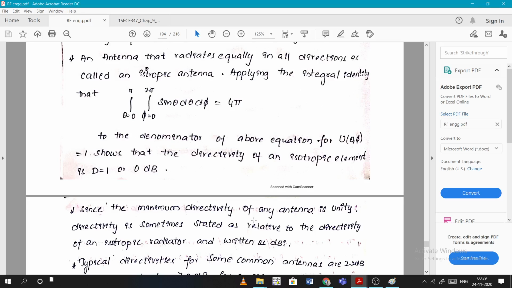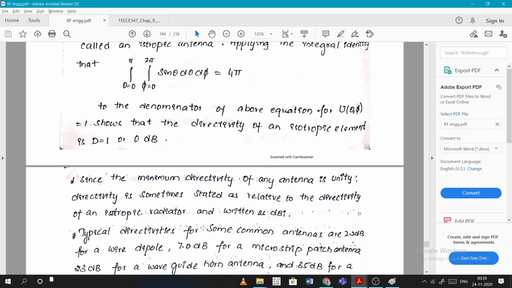Since the minimum directivity of any antenna is unity, directivity is sometimes stated relative to the directivity of an isotropic radiator and written as dBi.